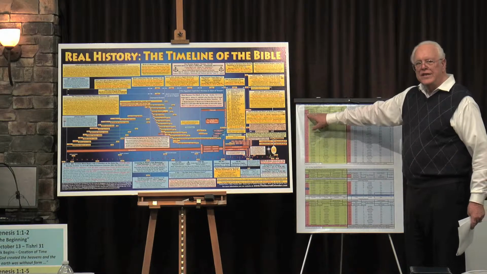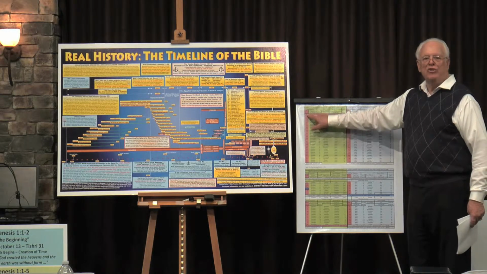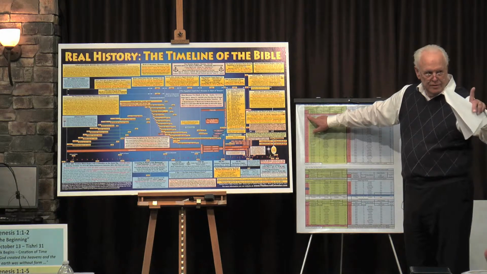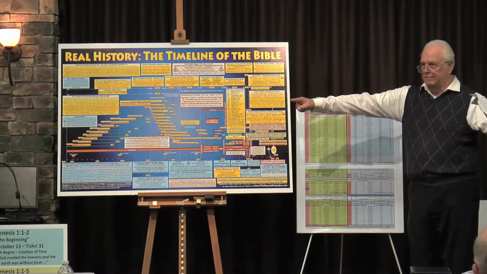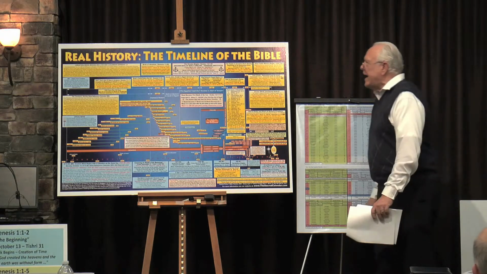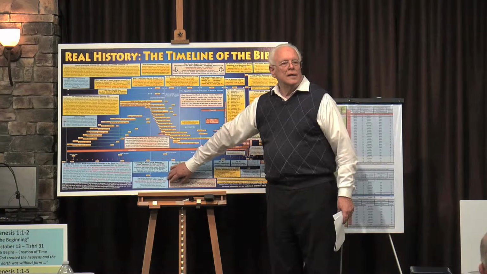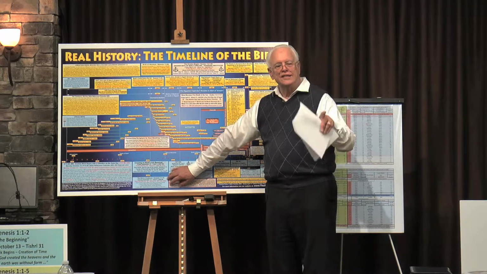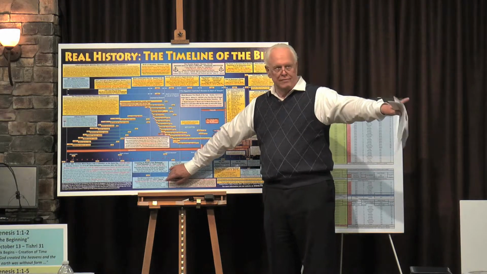The way you get the number of the day, listen carefully, is you take the number of years in Scripture from creation, and you divide by 5. When Noah takes the covering off the ark, he's 601, and it's the 1657th year since creation.